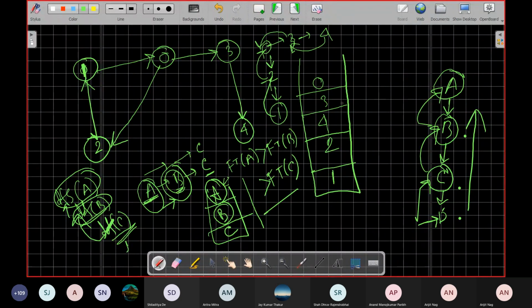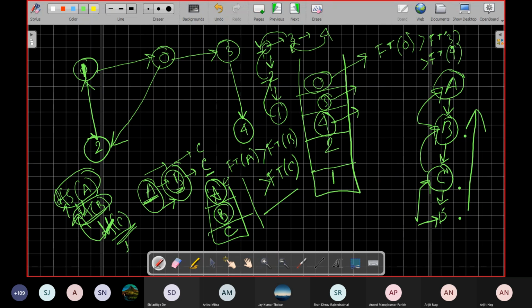Now, if you see this ordering, you can see a significant characteristic of DFS. The finish time of 0 is always higher than the finish time of 3, and also higher than the finish time of 4.